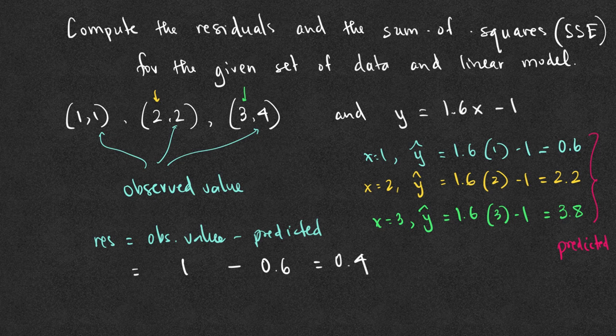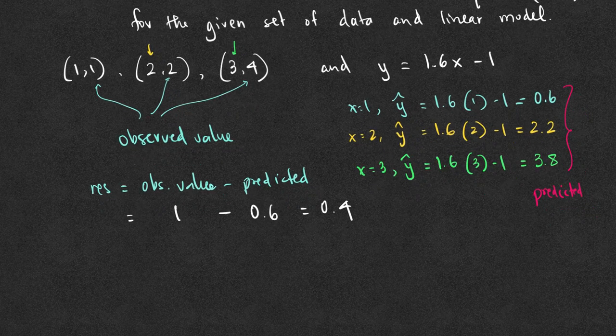To compute the second residual, we take y2, the y value from the second point, y equals 2, minus the corresponding y hat, which is 2.2. And 2 minus 2.2 is minus 0.2.